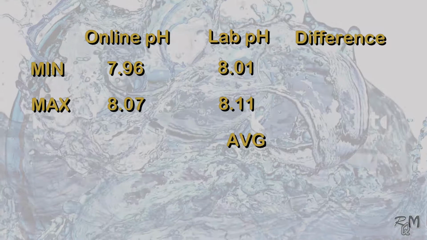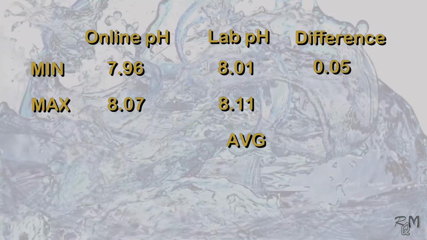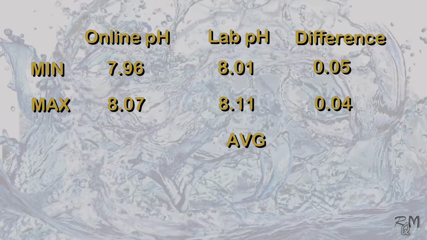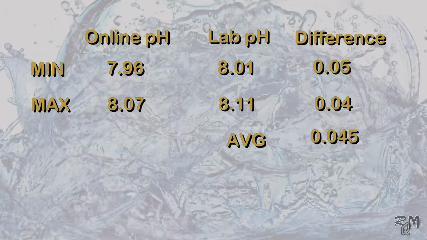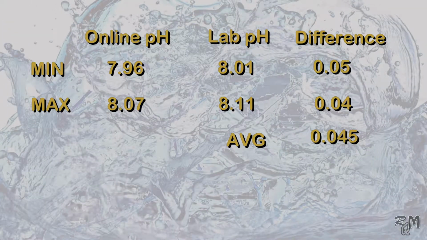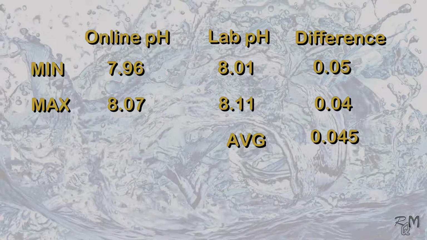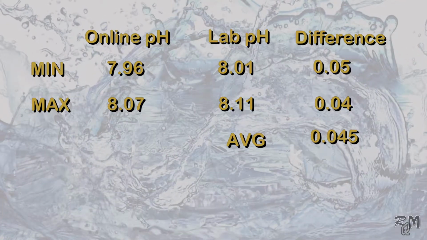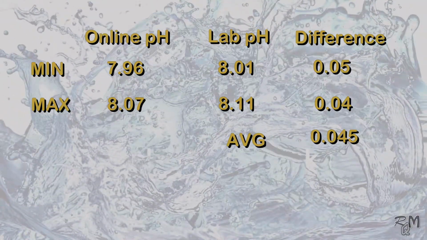The difference between minimum readings is 0.05, whereas the difference in maximum readings is 0.04. Then the average deviation is 0.045. It can be assumed as 0.05 in round figure. So it is required to add this deviation to the current reading to bring the reading near to the standard lab pH meter.